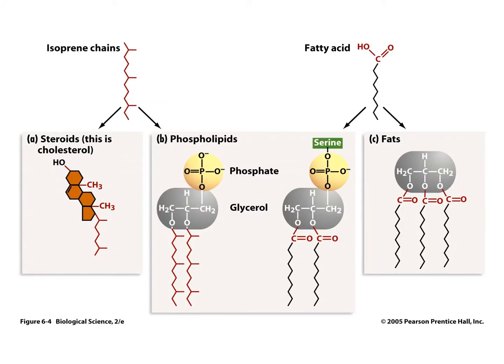There are isoprene chains. These points are the carbons, and then the hydrogens are sticking out. And then if there is a COOH motif at the end, that's said to be a fatty acid.